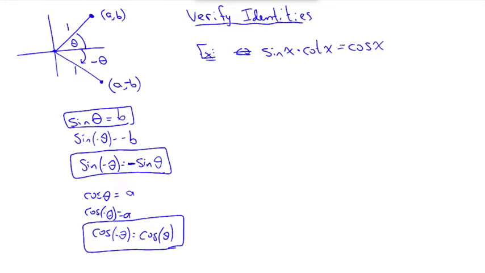Does it look like cosine of x? No. So your trick is this: usually, if you get stuck, change everything into sines and cosines. One thing you cannot do is move pieces from the left to the right or vice versa. This is not an equation. This is an identity. So basically, you draw a line and you cannot cross it.